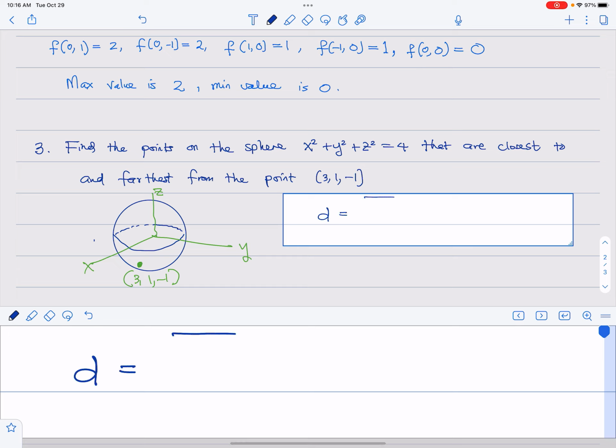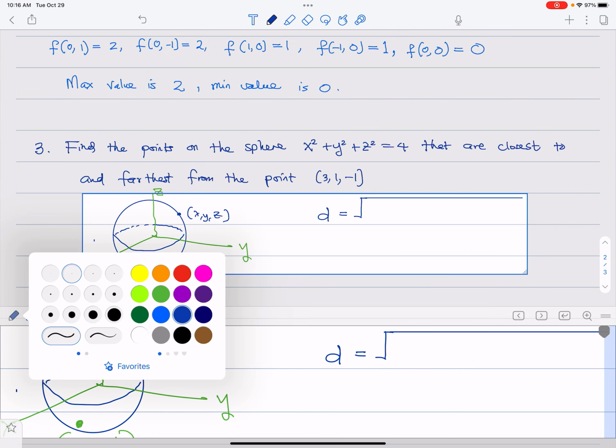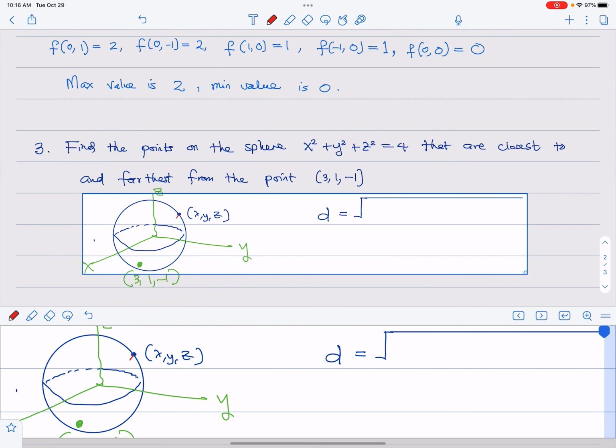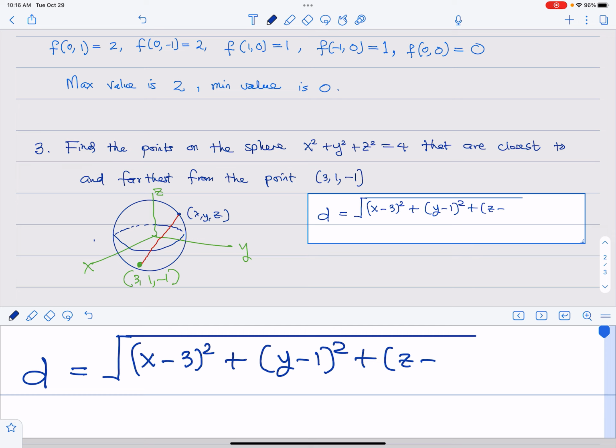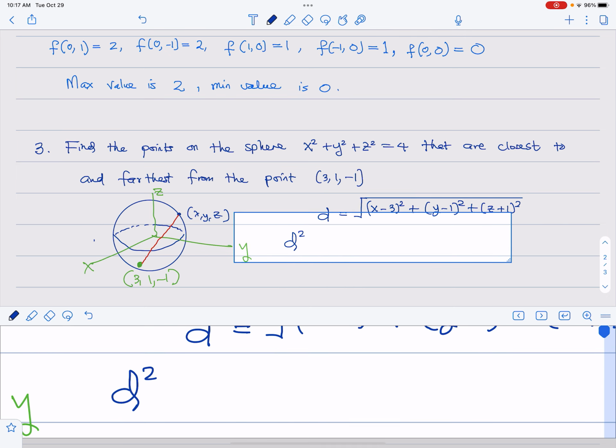The distance of this arbitrary point from this green point is just x minus 3 squared plus y minus 1 squared plus z minus minus 1, which is plus 1 squared. So the square root of all these things is d. Or we can make it easier. We can look at the distance squared. Why not?